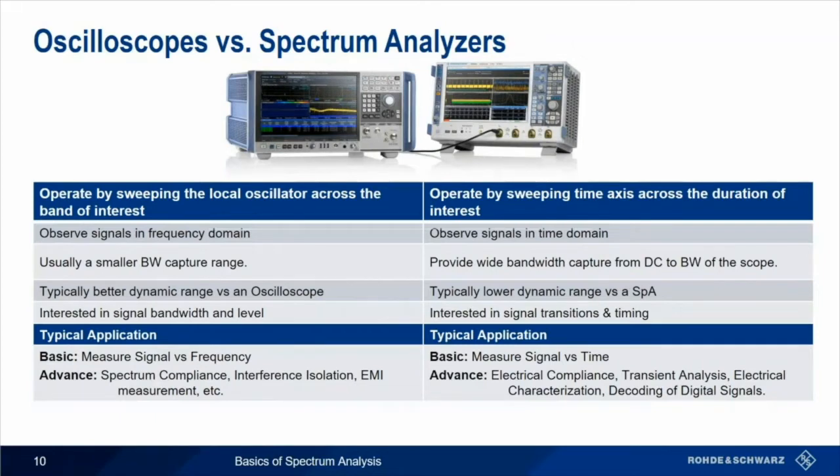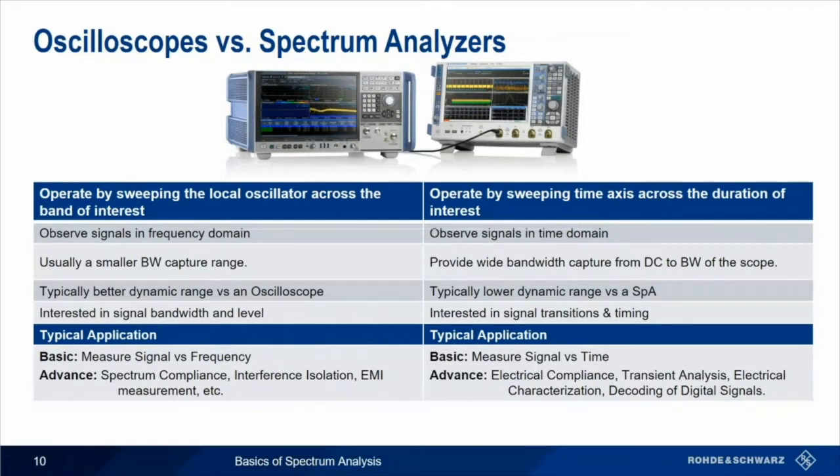You're usually going to have a smaller bandwidth capture range. And so instead of having the wide bandwidth that you get with an oscilloscope, from basically DC up to the bandwidth of the scope, the capture range in the spectrum analyzer is going to be more narrow. You're usually going to have much better dynamic range in a spectrum analyzer, and you're usually going to be more interested in signal bandwidth and level.